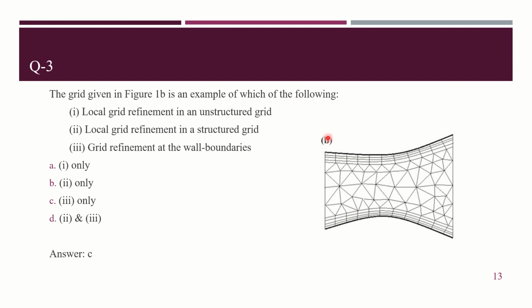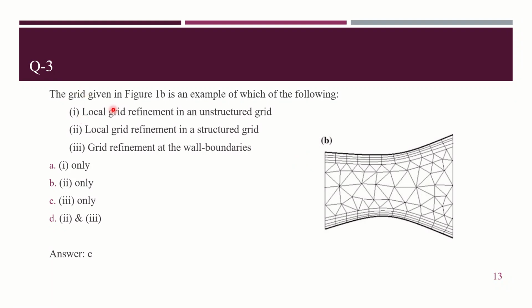The completely unstructured mesh is inside the regions, but near the walls there is a grid refinement. Near the wall boundaries there is a grid refinement in this figure, but not anywhere locally. So first let us look at the options.